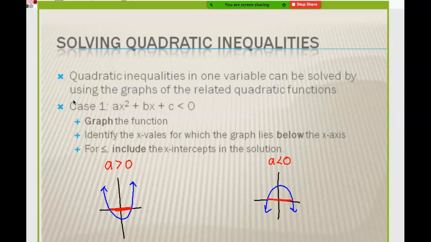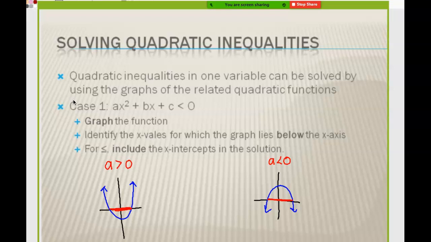Because now we're talking about when my y value is 0. If the y value is 0, then my solution is only going to come from the line. If my y value is 0, then my solutions are only coming from the x-axis line. So in case 1, if my quadratic inequality is less than 0, then my solutions are going to come from the inside of the quadratic.